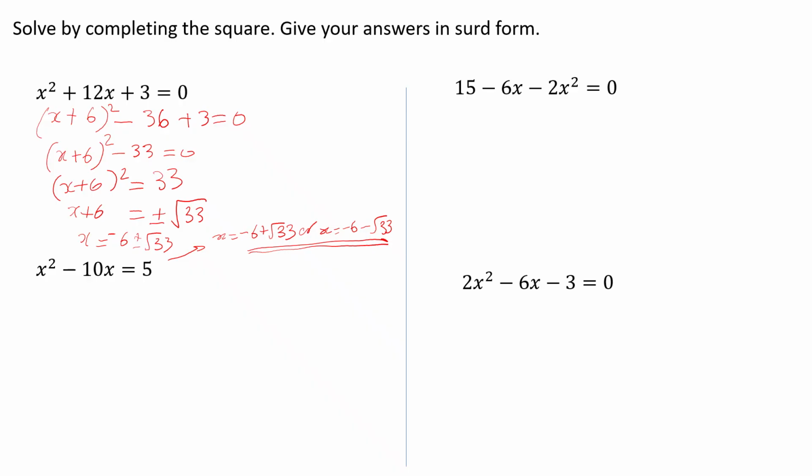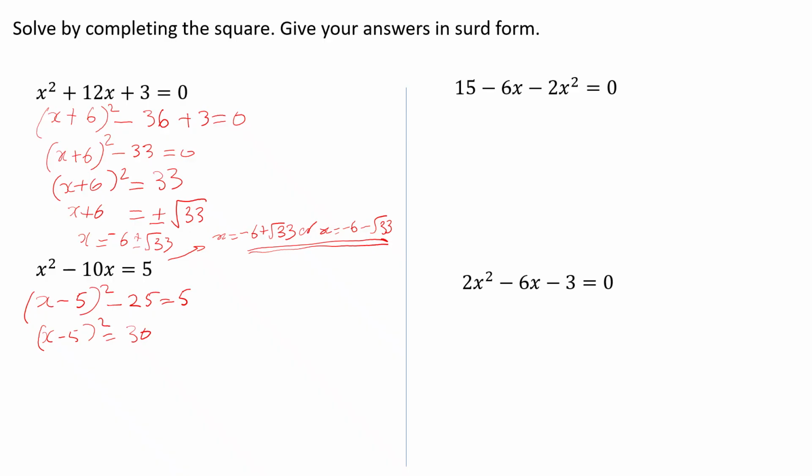Next one, x squared minus 10x equals 5. Do the completing the square: x minus half of 10, 5, square it, and take away 5 squared, which is 25, equals 5. Now x minus 5 squared equals, I'm going to move 25 to the other side, so it is 30.